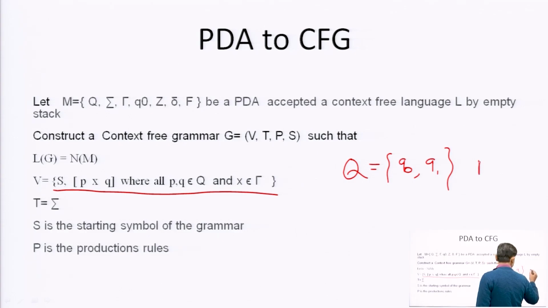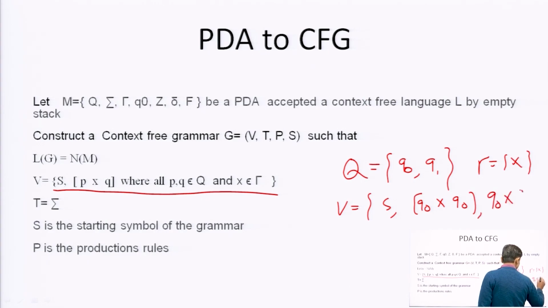Assume the stack top is X. Then the variables will be S, the starting symbol, and [Q0 X Q0], [Q0 X Q1], [Q1 X Q1], [Q1 X Q0].